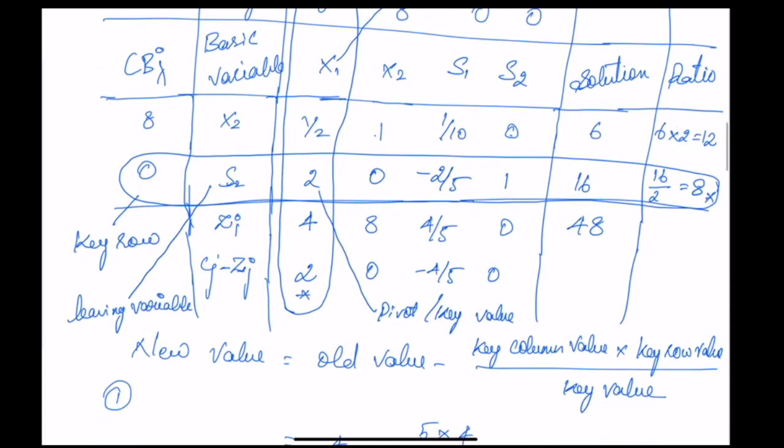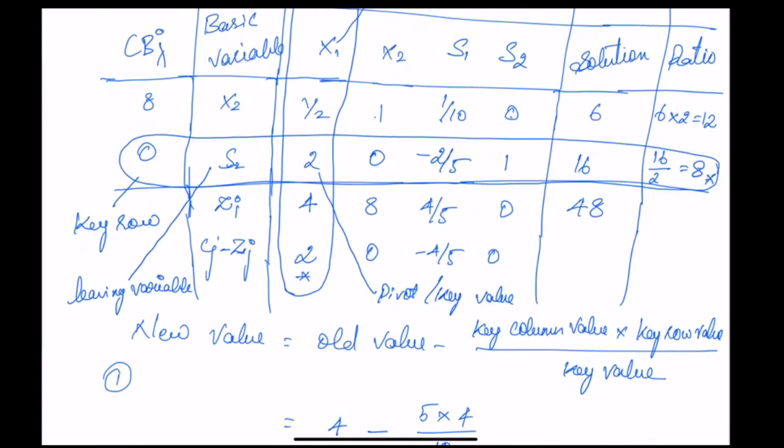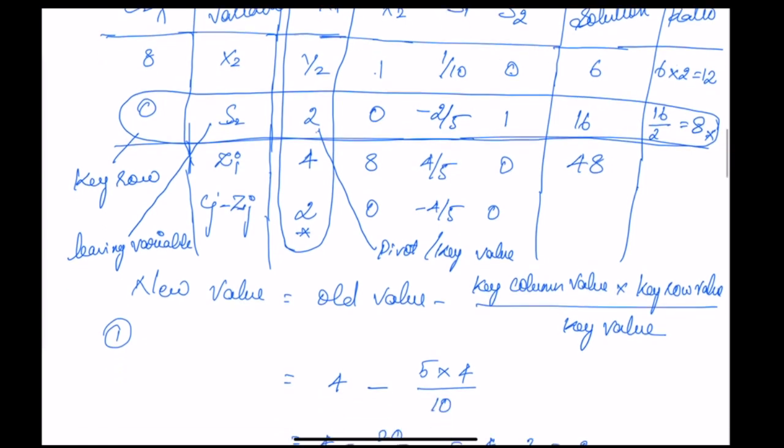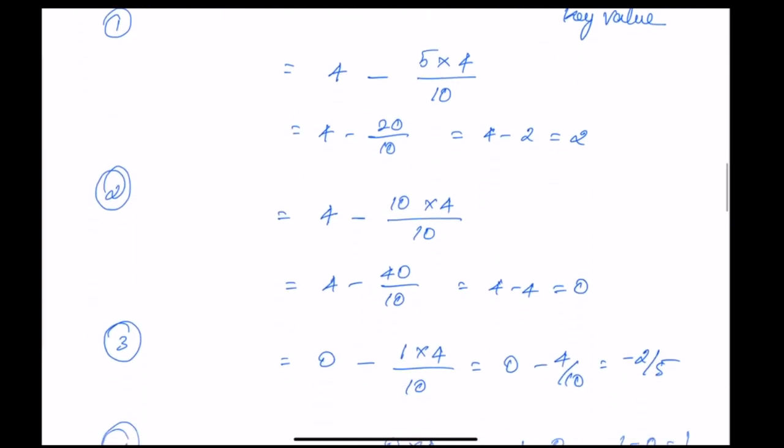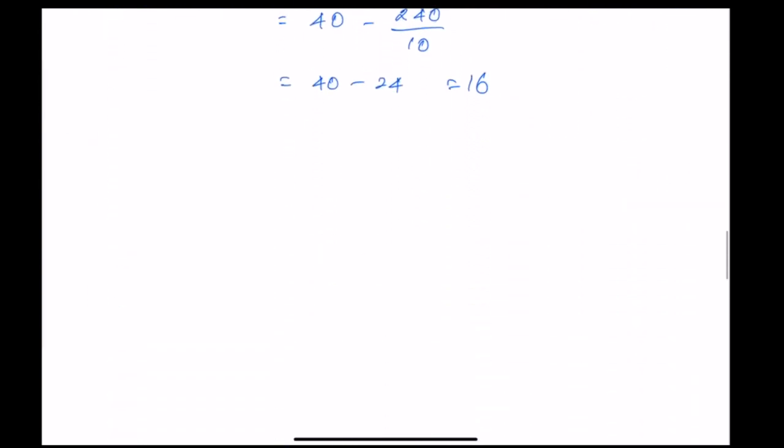Now, in the second iteration, we are going to convert this pivot element to 1 and the corresponding column element 1 by 2 as 0. Once again, we are setting the table.